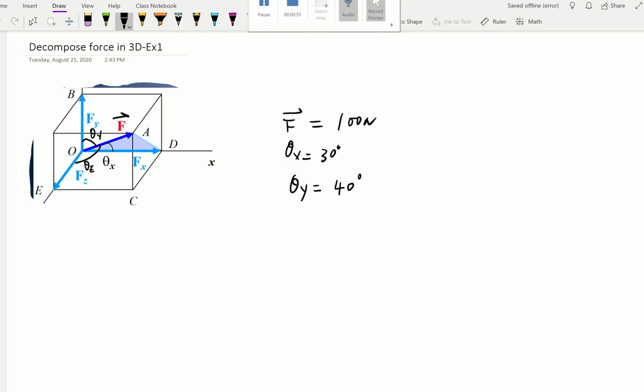Then we need to figure out a few things. We need to find the Fx component, the Fy component, and we also need to figure out the Fz component.